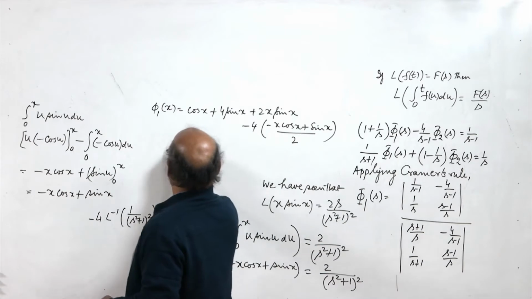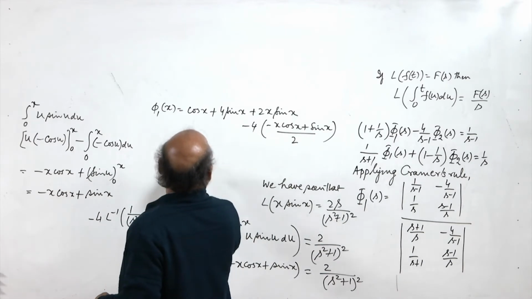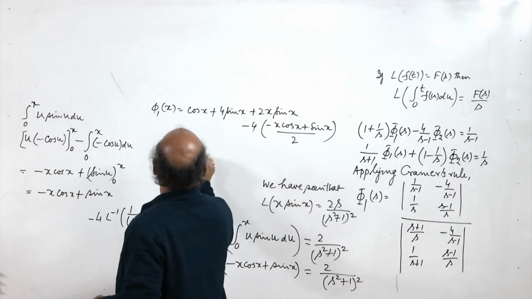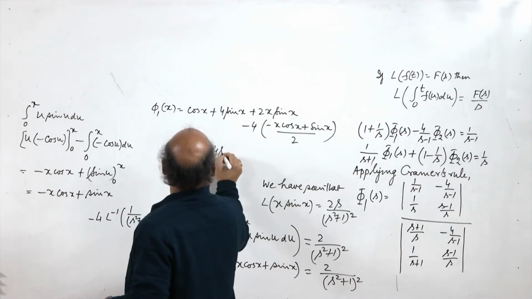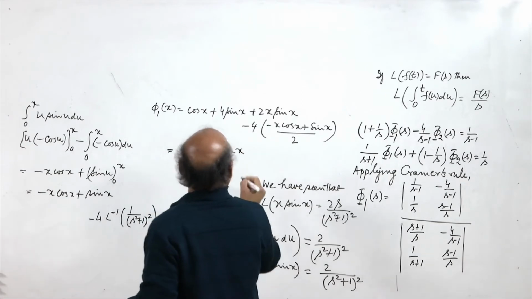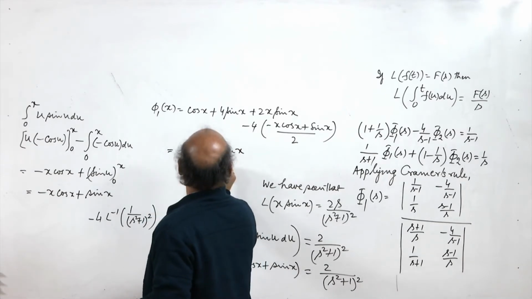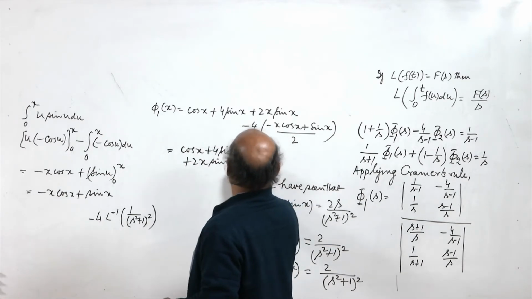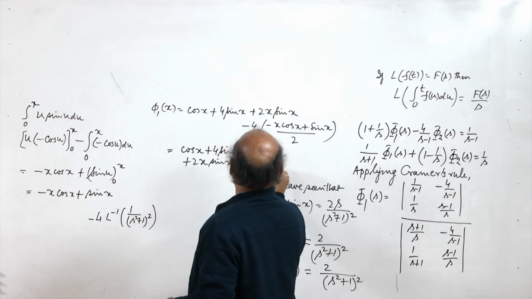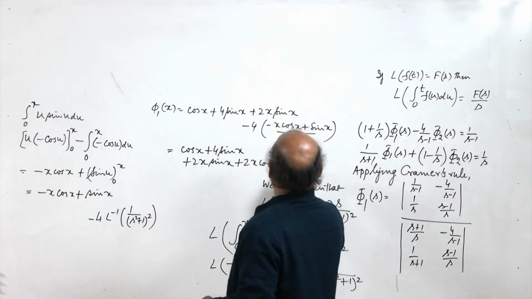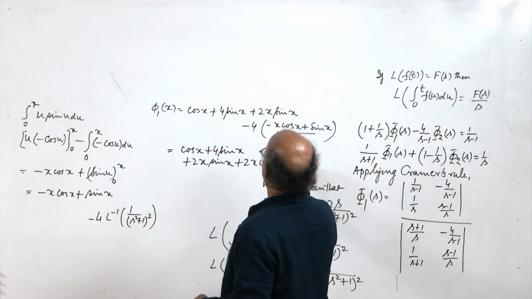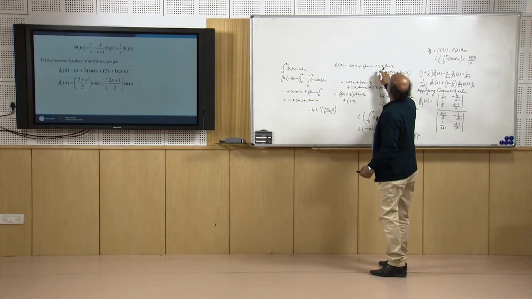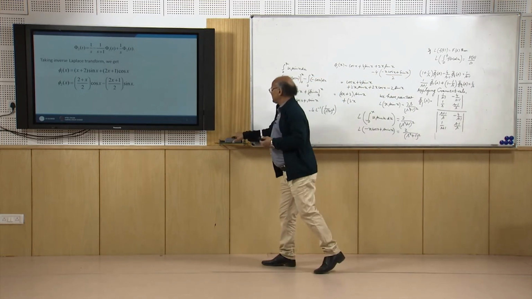Okay, so what is this? This is equal to, right, cos x plus 4 sin x, and then we have 2x sin x, and here we have minus minus, plus 2x cos x, and we have minus 2 sin x. So, there is a mistake here.